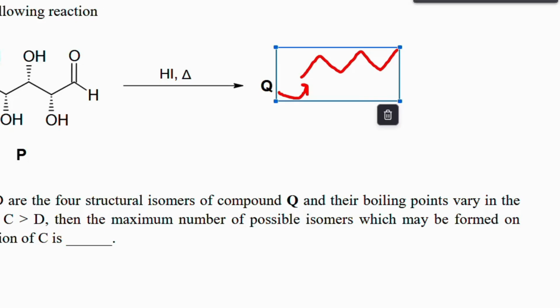Now, when we read the question further, it says that A, B, C, D are four structural isomers of Q. So let us draw the four structural isomers of Q first.